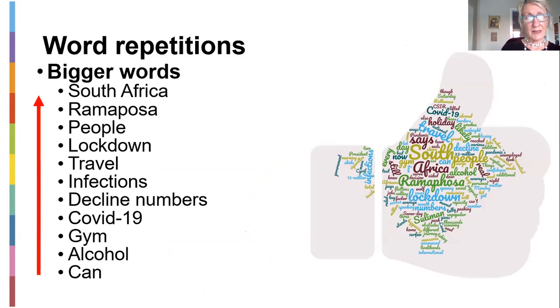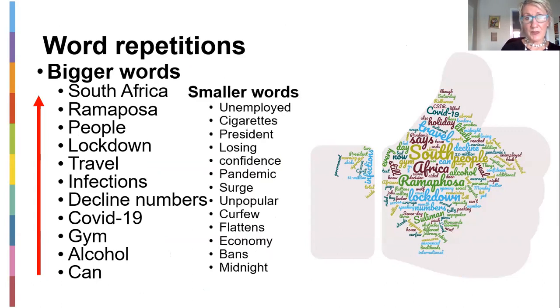These are the bigger words, smallest to biggest. You can see travel, infections, declining numbers, all important, and then the smaller words going down from unemployed to midnight. You can try and work out what the dominant context is for what he's speaking about just by looking at word clouds, which we do with our mentees.